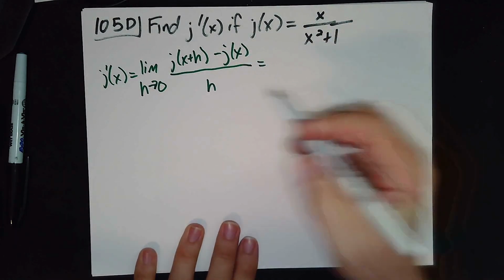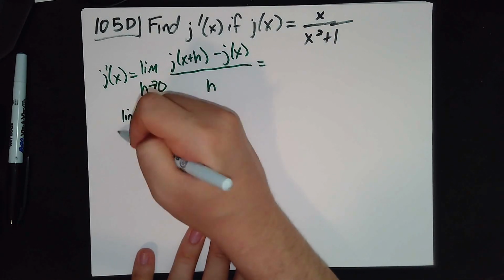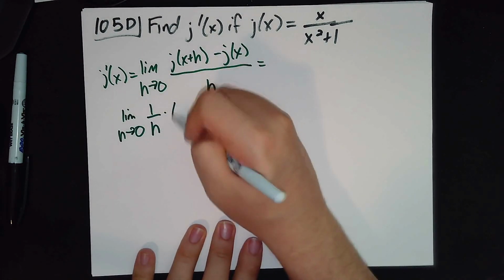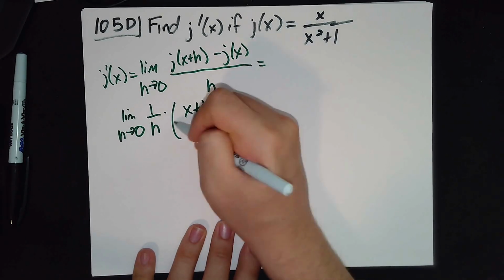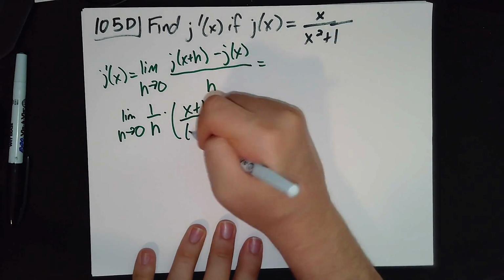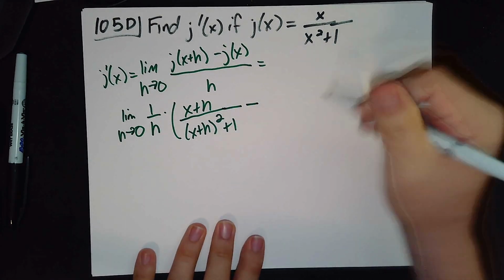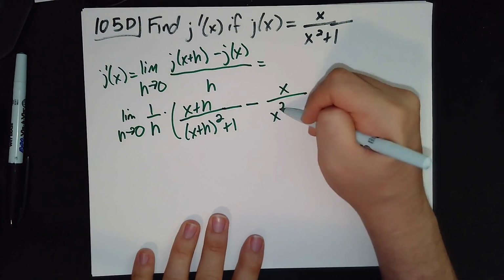That is h goes to 0, 1 over h times x plus h in the numerator divided by x plus h squared plus 1 in the denominator, minus x over x squared plus 1.